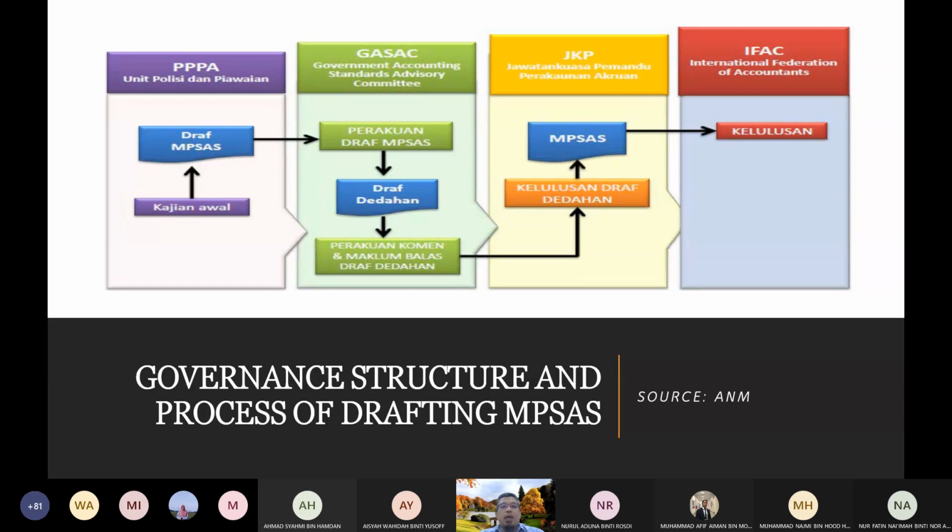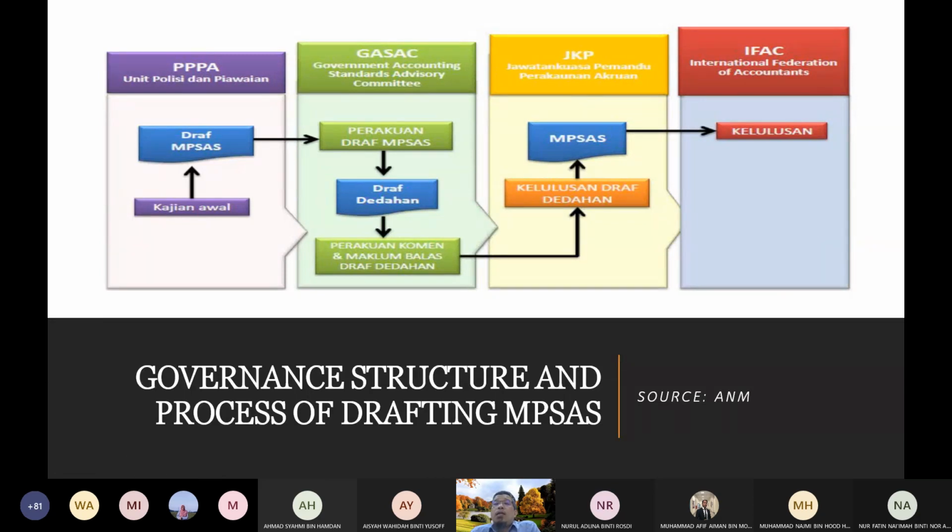Right now we look at the process of drafting MPSAS provided by the Accountant General, Akauntan Negara Malaysia. First there is the initial study to adopt MPSAS, then the Government Accounting Standard Advisory Committee, and then it is submitted to the Jawatan Kuasa Pemandu Perakaunan Accrual, the steering committee for accrual accounting.